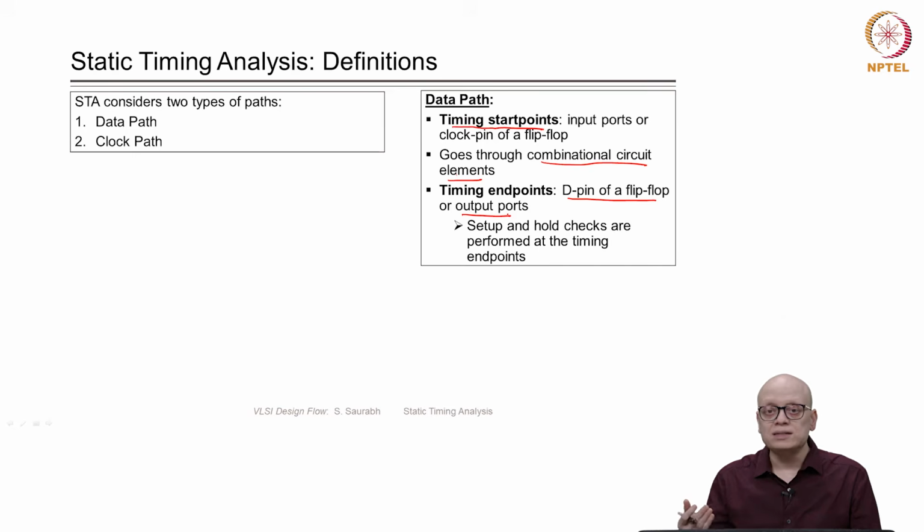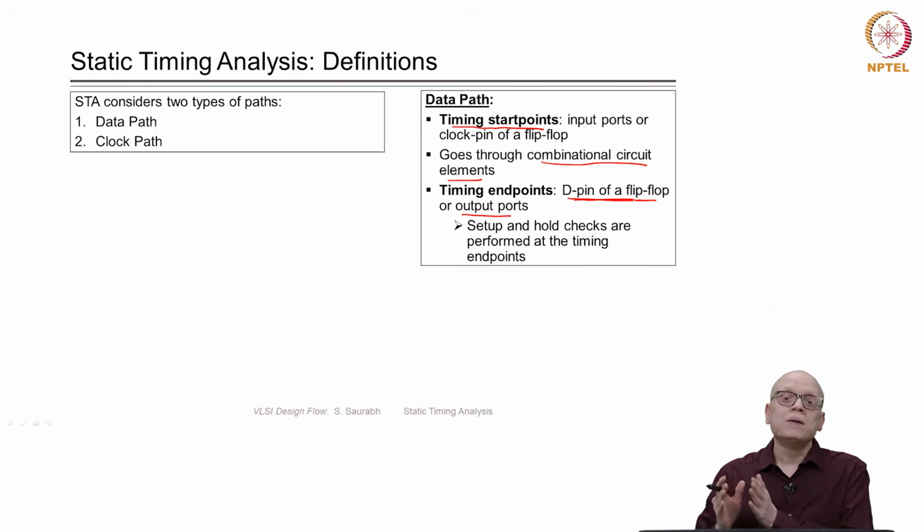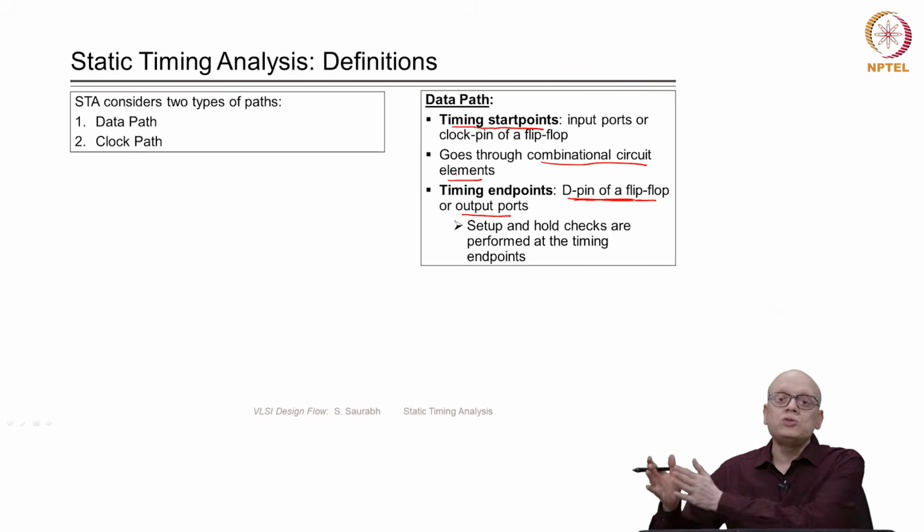It is very clear why we want to check the setup and hold requirement at the D pin of the flip flops. Why do we also want to check setup and hold requirements at the output ports? The reason is that the signal that goes out from the output port will be further sampled by some flip flop external to our circuit.